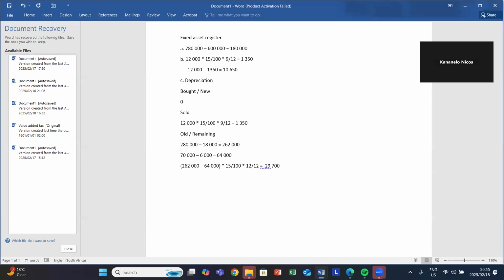Then you have a depreciation. For you to get the aggregate depreciation that you'll record there, you take the one for bought, which is 0, plus the one for sold, 1,350, and lastly the one for all the remaining, plus 29,700. And that's how you will get depreciation.